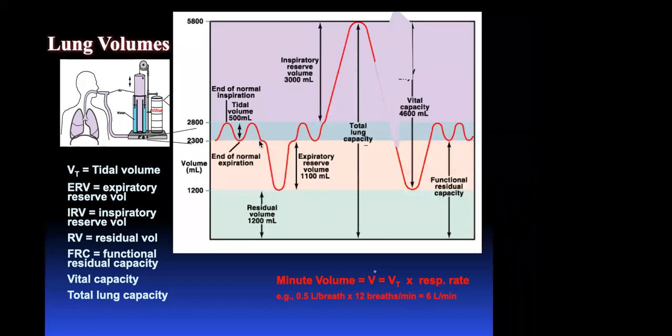Let's say at the end of a normal expiration, the person removes all the air that he can possibly remove from his lungs. That will be called the expiratory reserve volume. It is approximately 1.1 liters, 1100 mils. What have we done? We have started at the end of an expiration; that's important to remember.